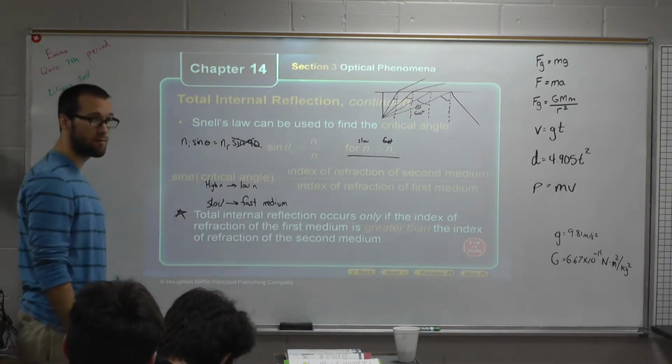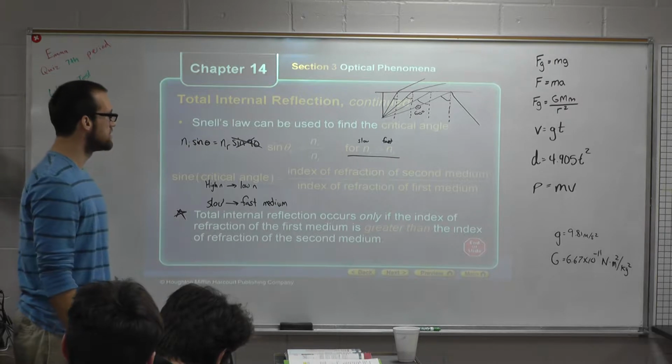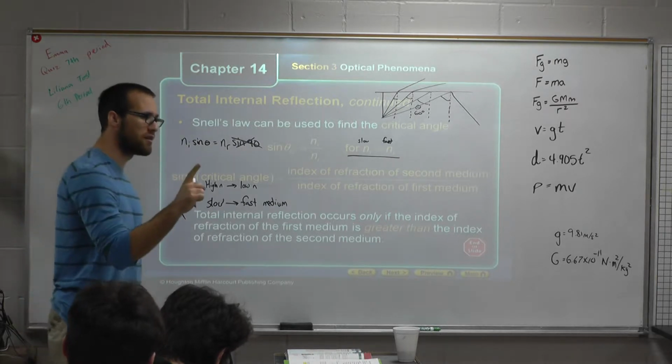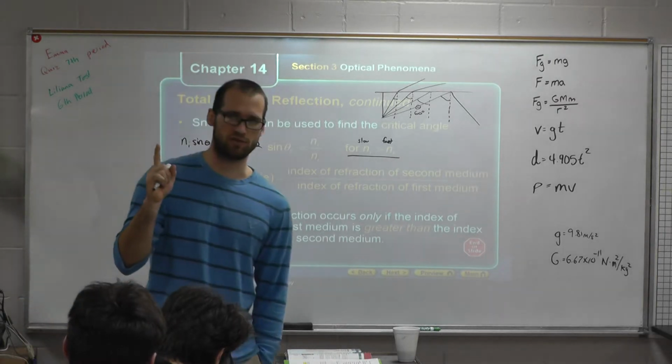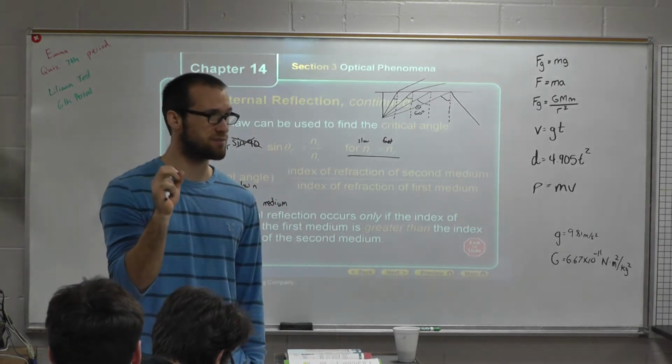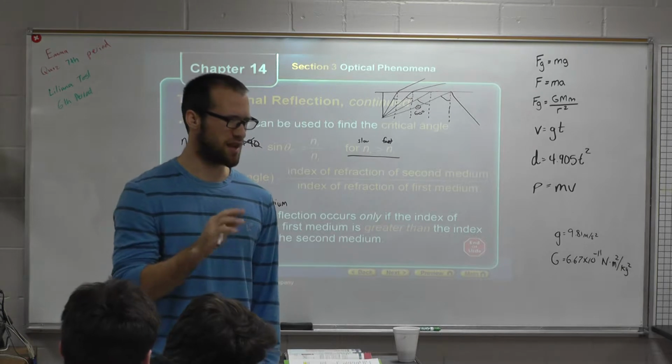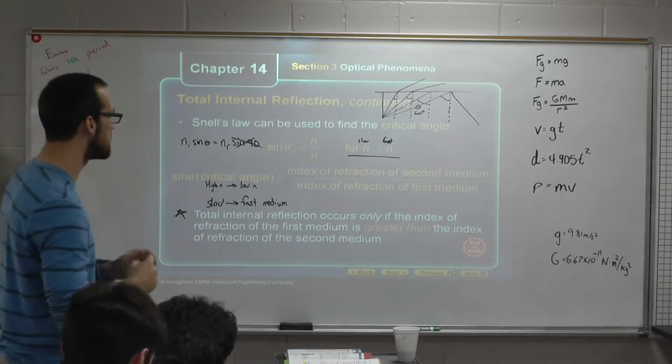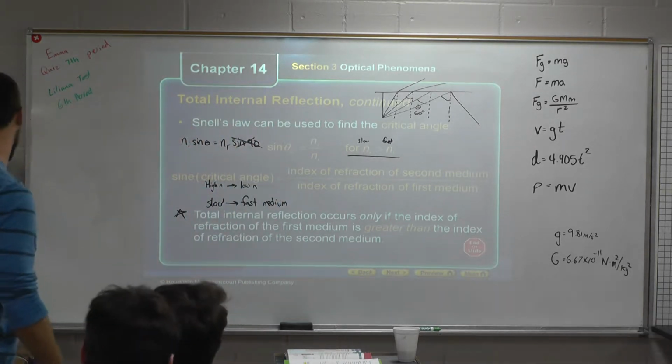So there's only one critical angle, but that doesn't mean there's only one place where you have total internal reflection. That's important, because it can sometimes get missed in the weeds as I explain it.